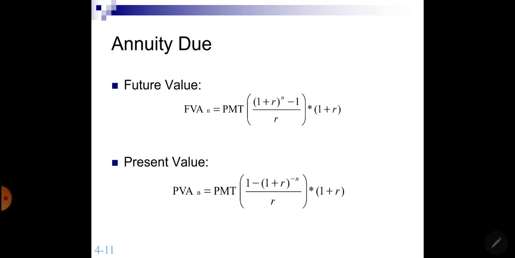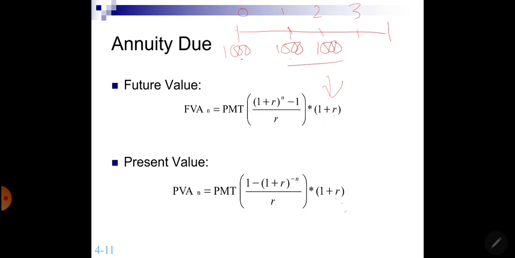So ordinary annuity means end of the year payments, whereas annuity due means beginning of the year payments. The formula is almost the same. You just have to multiply both the formulas by 1 plus R and you will get the answer for annuity due. In the case of annuity due, your cash flow shifts. So if the question says beginning of the year, 1000 is being deposited for the next 3 years, that would mean the first 1000 will come over here at the start of year 1, then at the start of year 2, and then at the start of year 3.